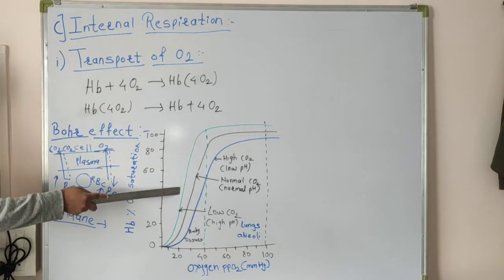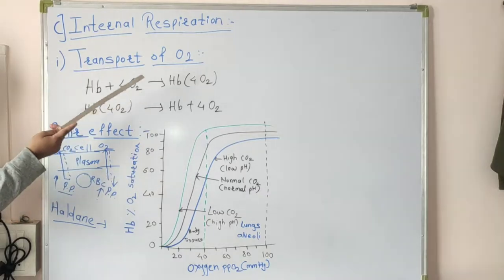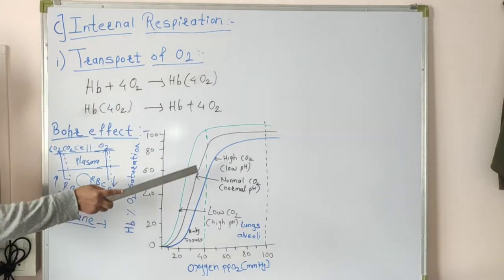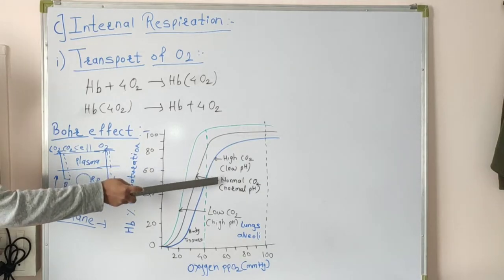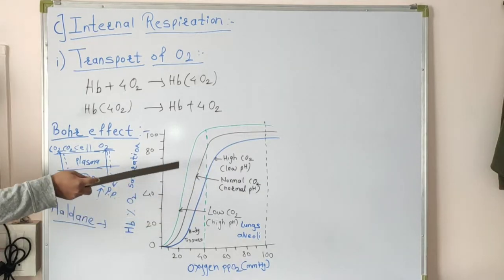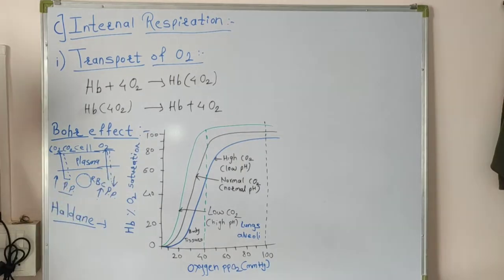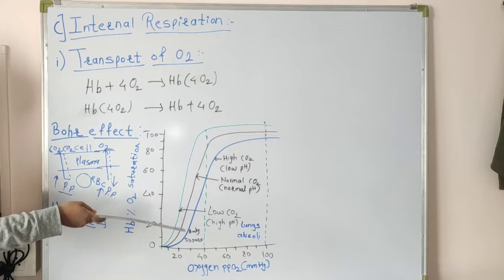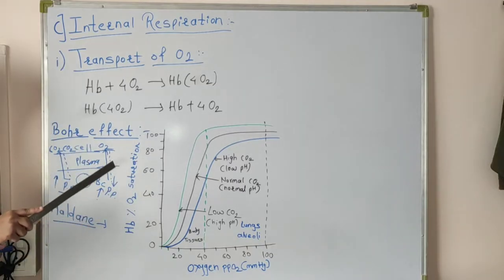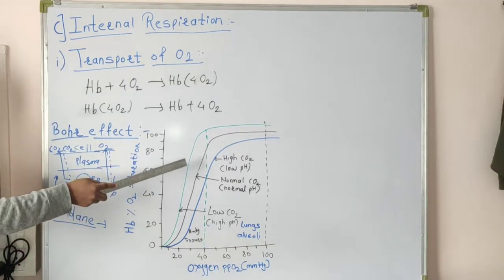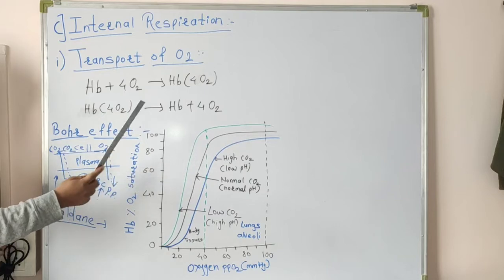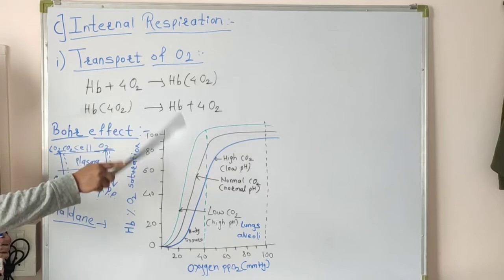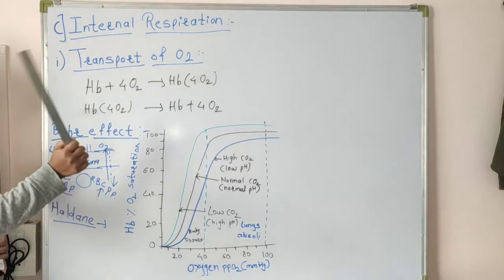When hydrogen ions increase, at that time the level of pH also changes. And when these hydrogen ions increase, at that time the carbonic acid will change into water and carbon dioxide.